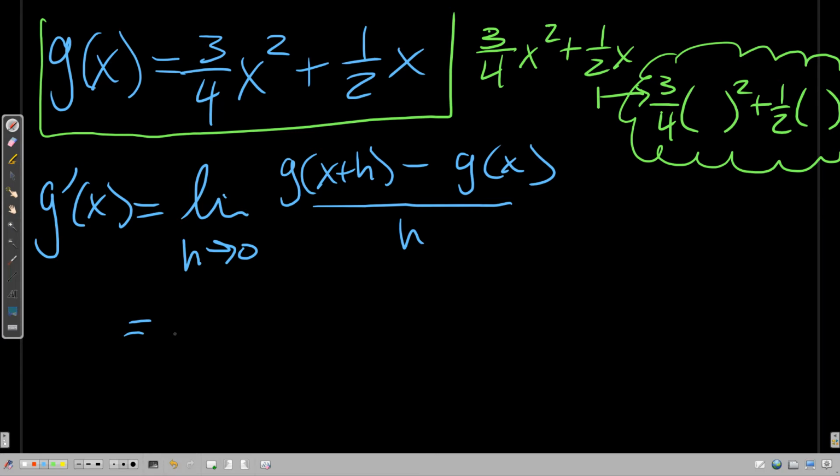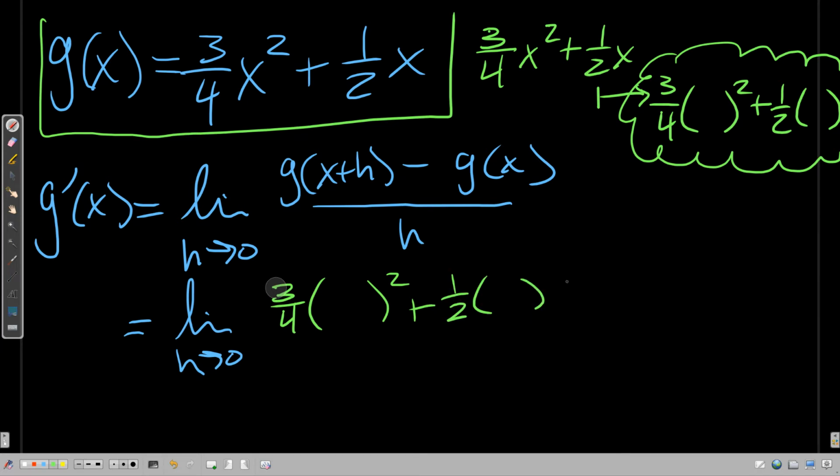And my limit then is the limit as h goes to 0. And I'm just going to write two instances of this, one of them minus the very same thing. 3/4 of this thing squared plus 1/2 of those things. And then minus, and then the very same thing.